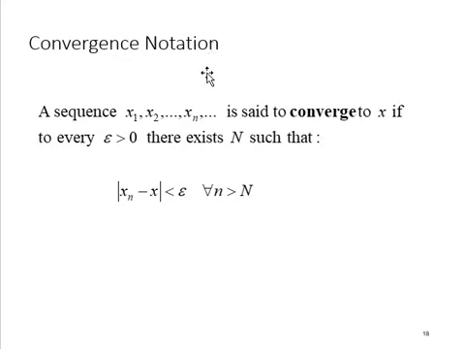So the convergence notation: a sequence x1, x2 up until xn is said to converge to x if for every epsilon greater than 0, so if I can pick any value greater than 0, say 0.01, there exists n such that the absolute value of x minus the value of convergence is less than epsilon. So this is the notation of convergence.